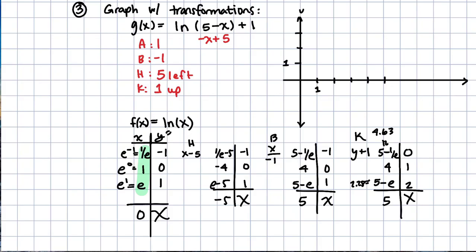Scaling, and then at 4 we are at 1, at 4.63 we are at 0, and at 2.28 we are at 2, so about 2 1/3 we're at 2, and then it looks like we have an asymptote happening at x equals 5. I'm going to label my asymptote.